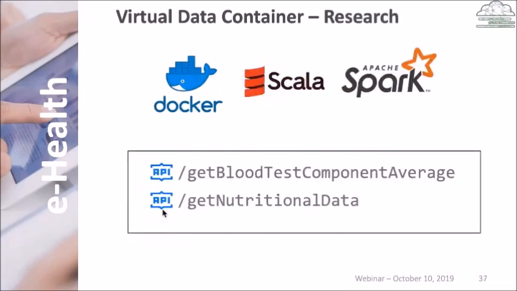In a similar fashion, in the case of the research application, we designed 2 methods, as many as the representative queries that we identified. We developed first a method named get blood test component average, which provides the average over a population of a given blood test component.